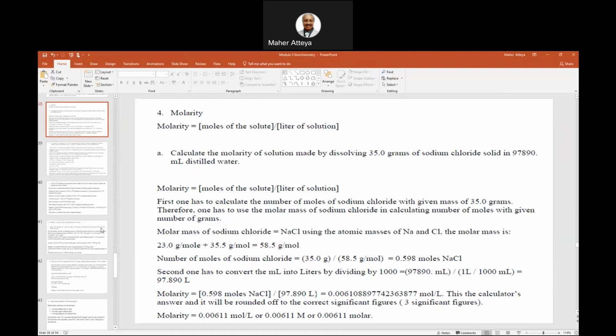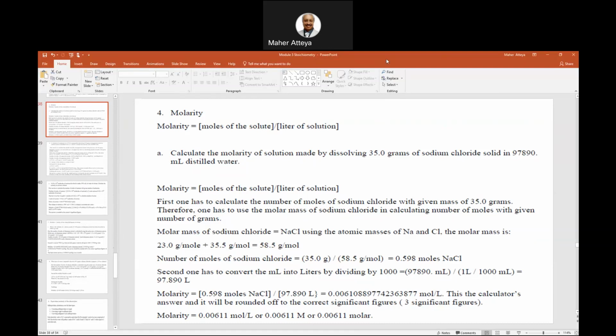Molarity is very important because if somebody is interested in any lab work in real life, you will have to know the molarity. You have to know how to calculate it. Although the procedure comes for you there, please verify the calculation yourself. So calculate the molarity. This is an example for us.